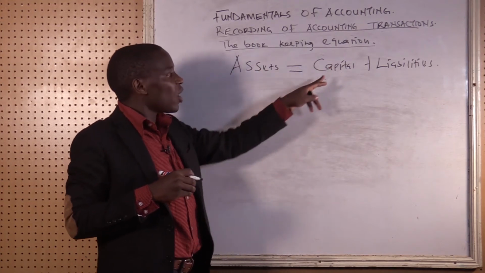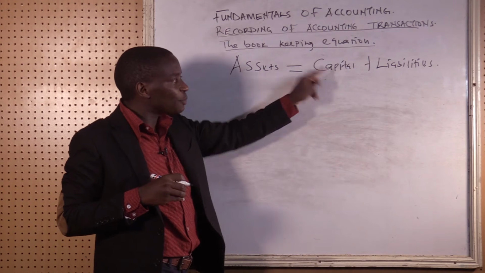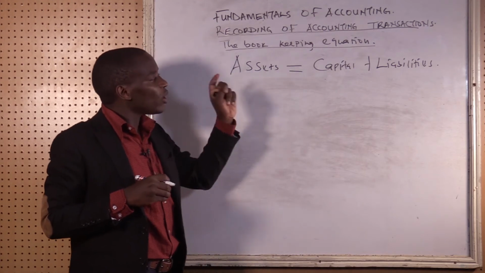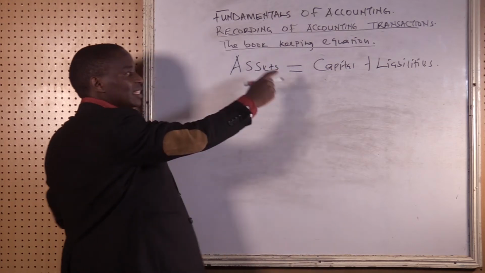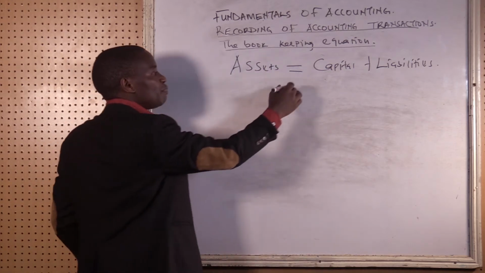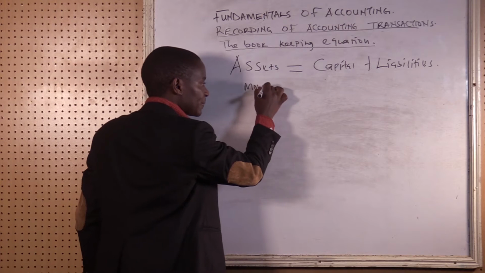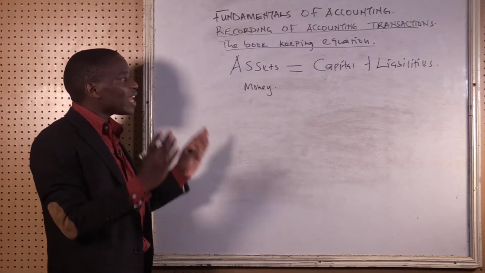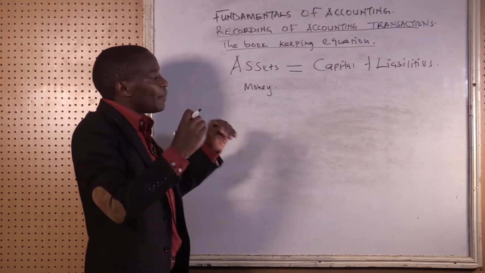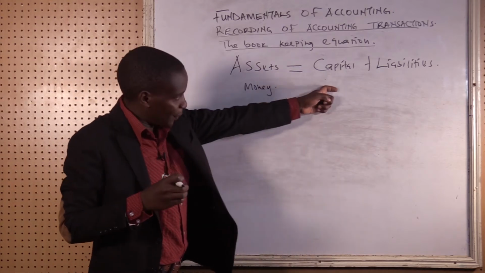If we are talking of a partnership, we are talking of things partners have brought into the business. These things or resources can be in form of money or other assets. So anything that the owner of the business has brought into the business is called capital.